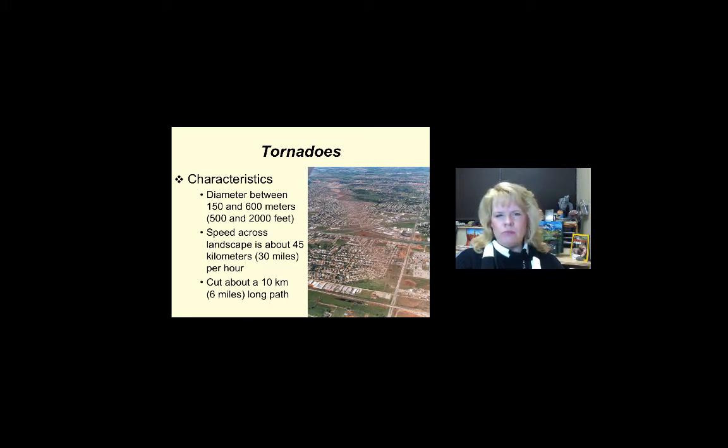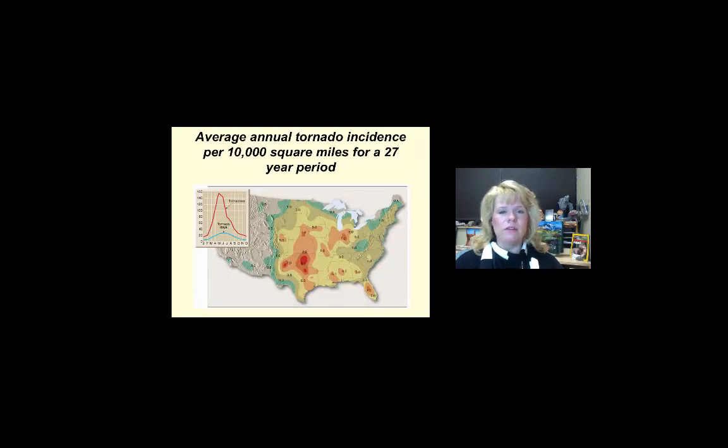They can cut about a 6-mile long path, sometimes longer, depending on the duration and the intensity of the tornado. Some might not create any damage at all, but some of these very devastating F4 and F5 type tornadoes can create massive damage.